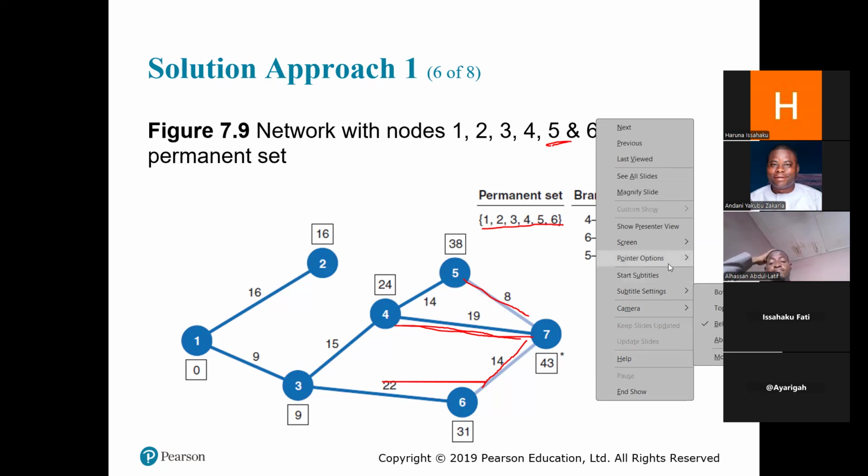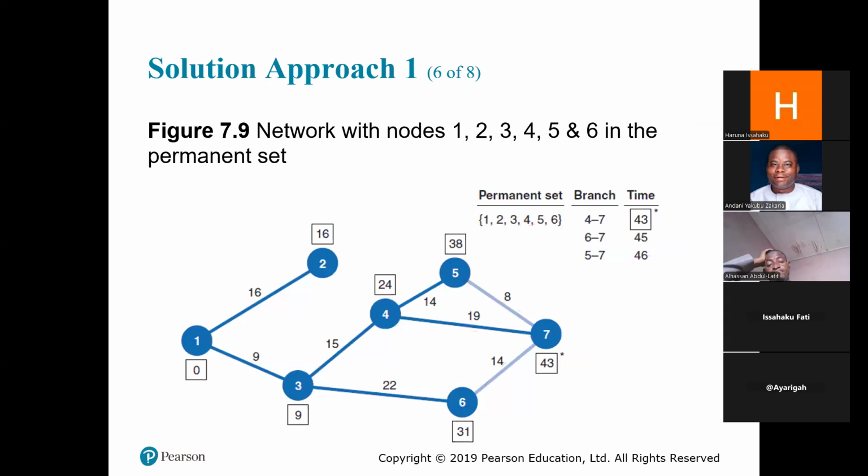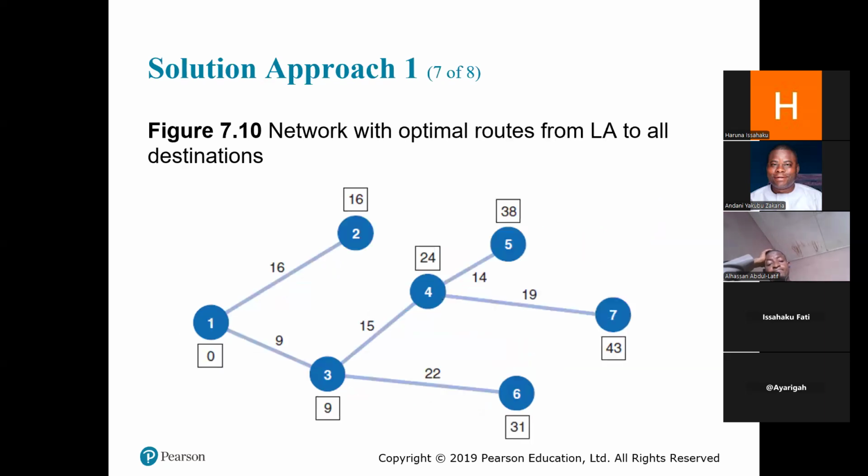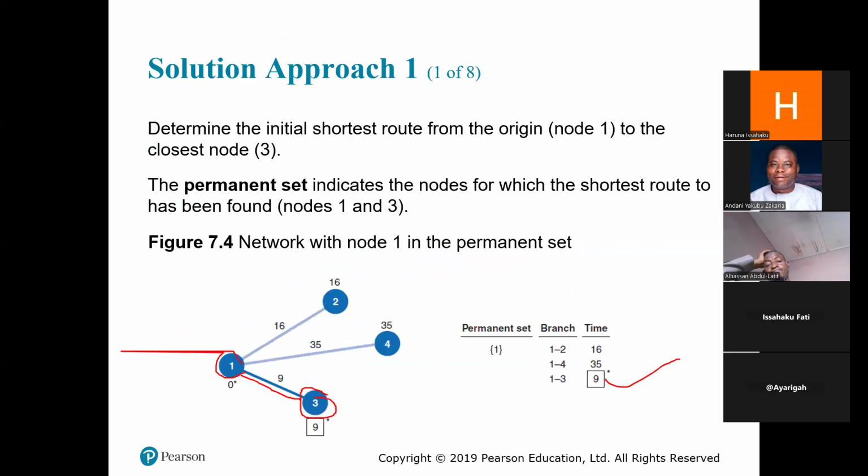And if you look at the deepened branches, they show you the shortest route resolution of the problem. If you compare, so this is our final diagram. So look at where we started from.